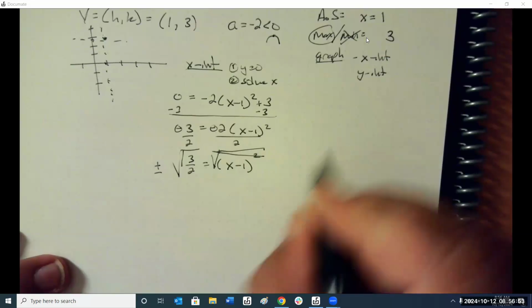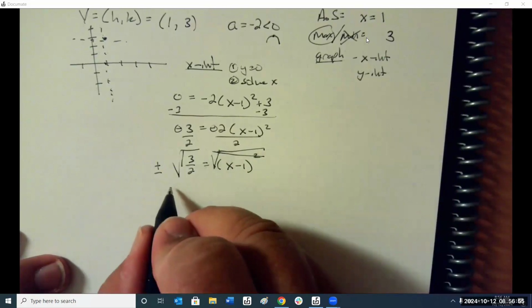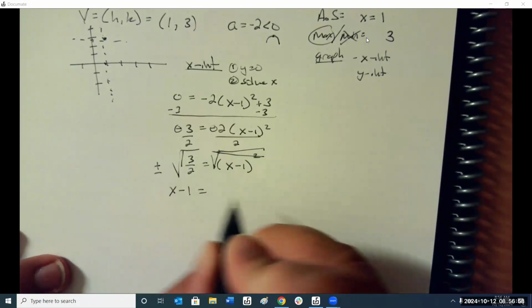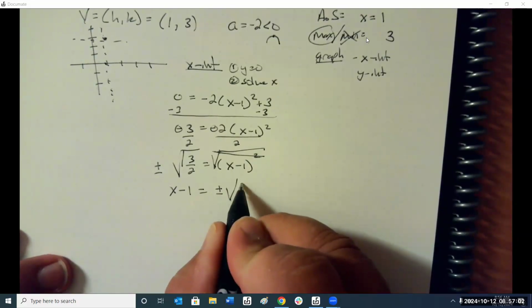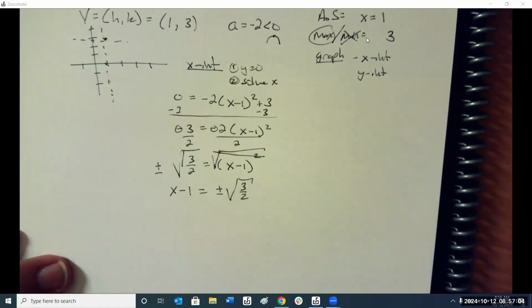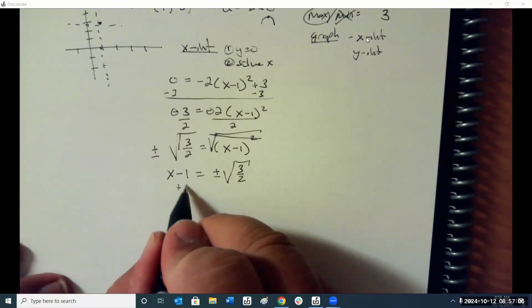So we have x minus 1 equals plus or minus square root of 3 over 2. And then we add 1 to both sides.